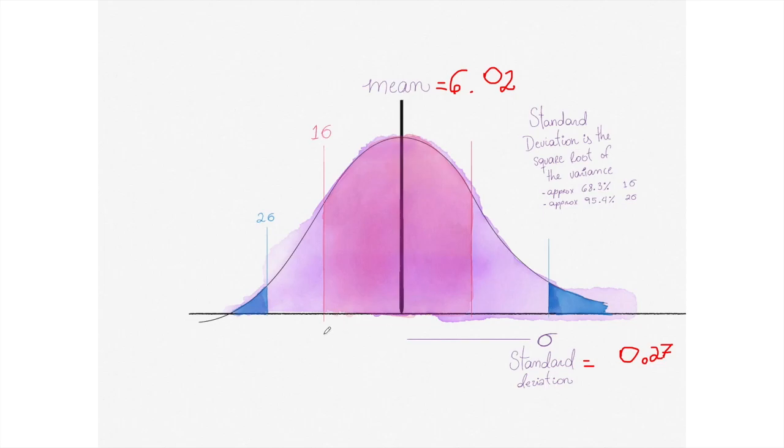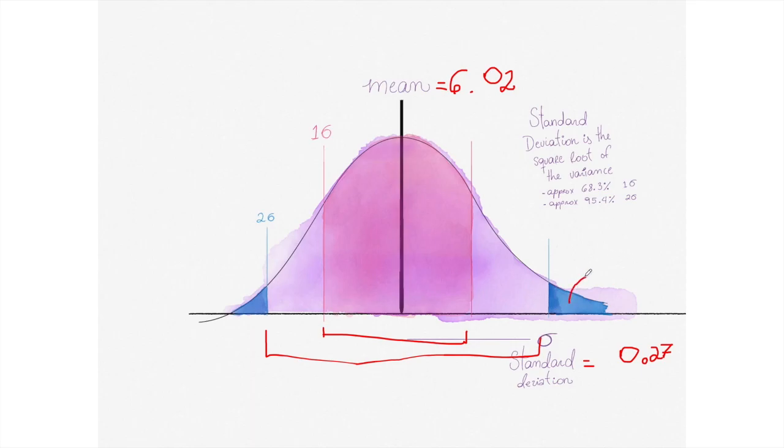This is 68% lie on the pink area of this distribution. On the other hand, 95% lie within 2 standard deviations, which means they lie on the purple area.